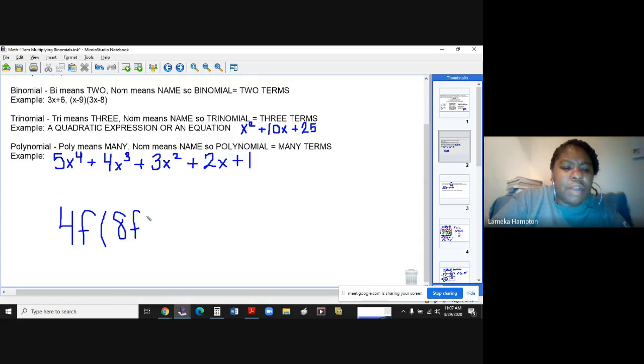So I am multiplying my like terms. They're like terms, again, because they have the same letter. The numbers can be different. The numbers can either be positive or negative also, okay? But we are looking at the letters as it relates to like terms. So when I do this, 4 times 8, I know gives me 32. So that's not a biggie.